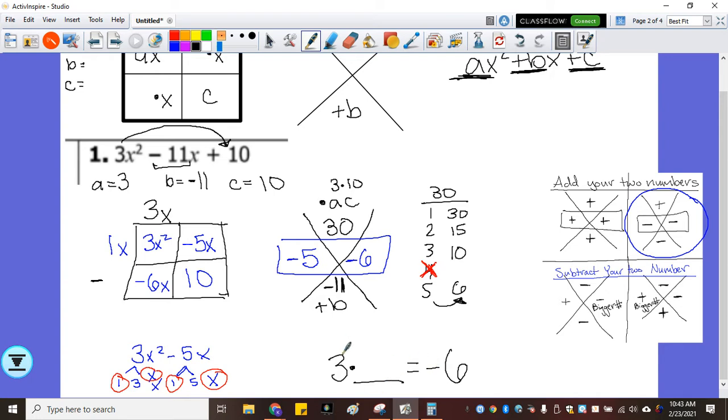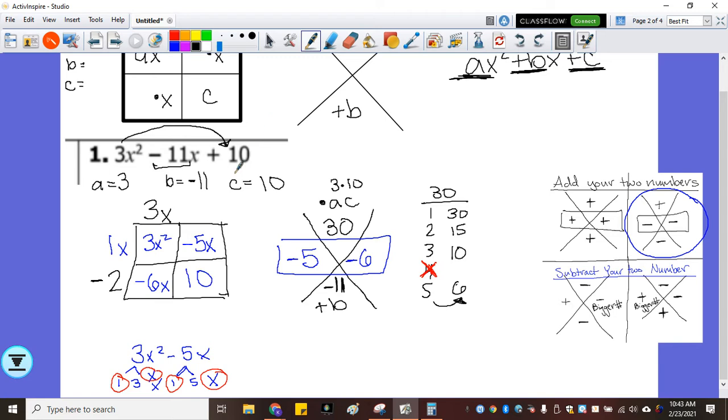Has to be negative because a positive times a negative is a negative. But 3 times what gives me 6? 2. 2, absolutely. 3 times 2 is 6. We're still waking up. It's fine.